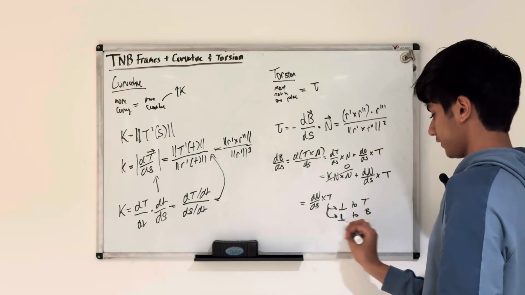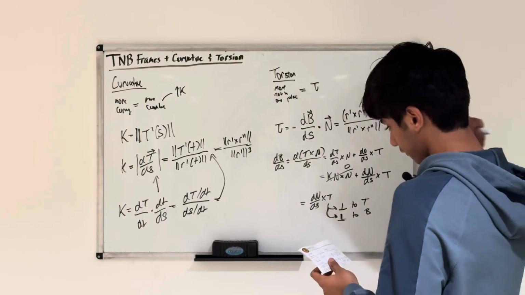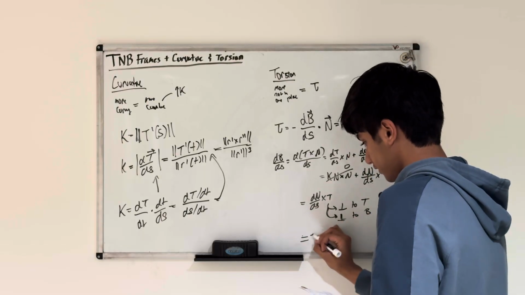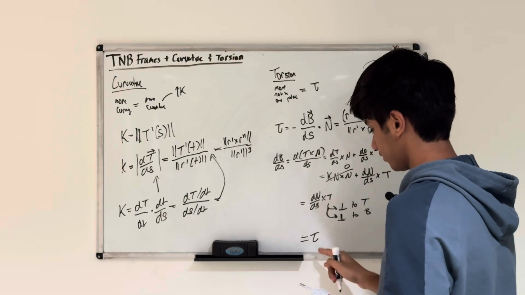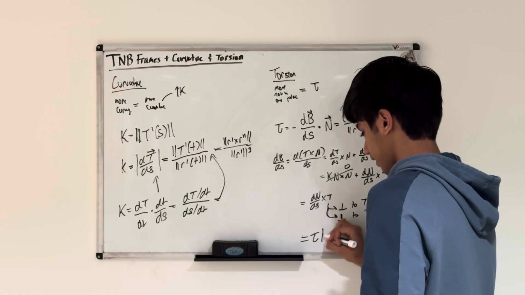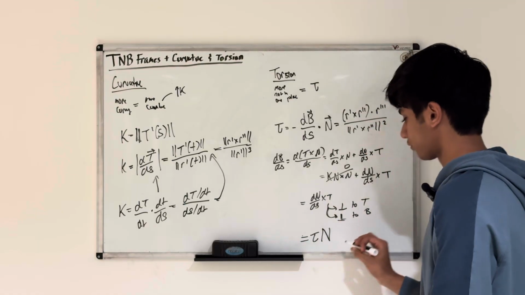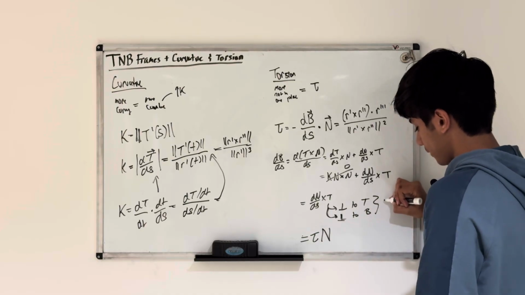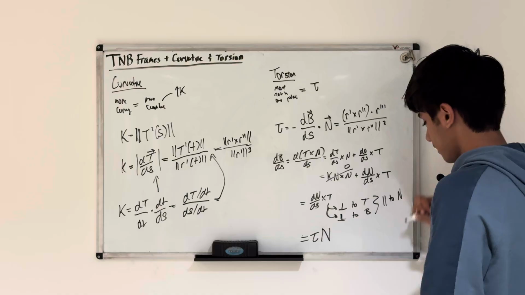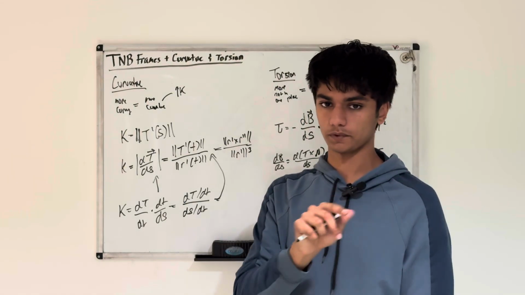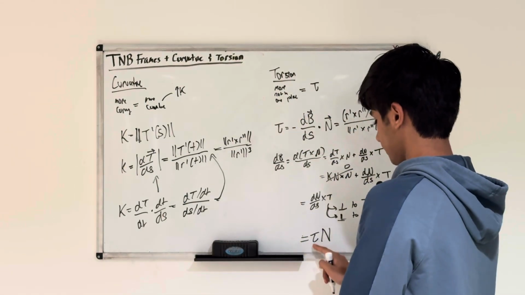So it's also perpendicular to B. Therefore we can consider dB over ds to equal some scalar multiple, tau, times N. Because it's perpendicular to T and perpendicular to B, it's going to be parallel to N, which means it equals some scalar multiple times N, which is what I said here, tau times N.